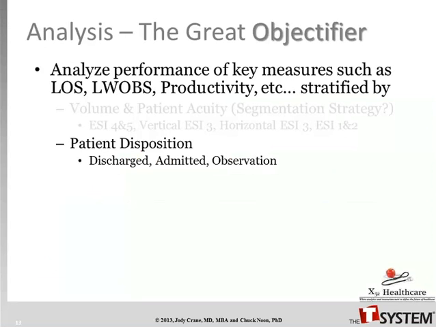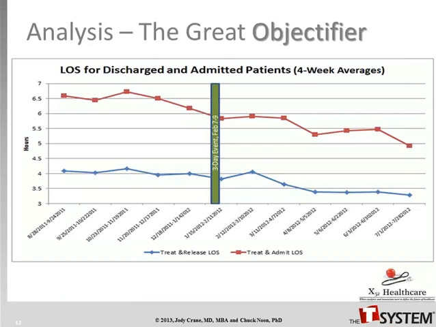Patient disposition. So you'll look at your discharge, your admitted, your observation patients. And they typically, as you know, have very different length of stays, say, between discharge and admitted patients. But the degree of that difference can be very telling. So if you're tacking on an extra 3 or 4 hours for admitted patients relative to discharge patients, then it's clear you have problems getting those admitted patients out of the department.